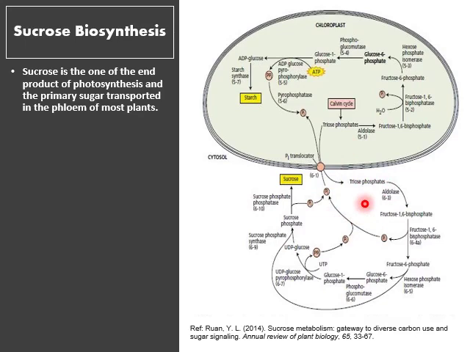And later you will see that the concentration of these inorganic phosphates has a significant impact on regulation of sucrose biosynthesis. You'll see later in the slides.